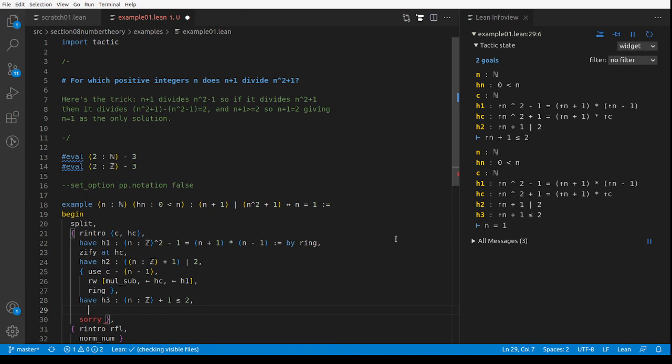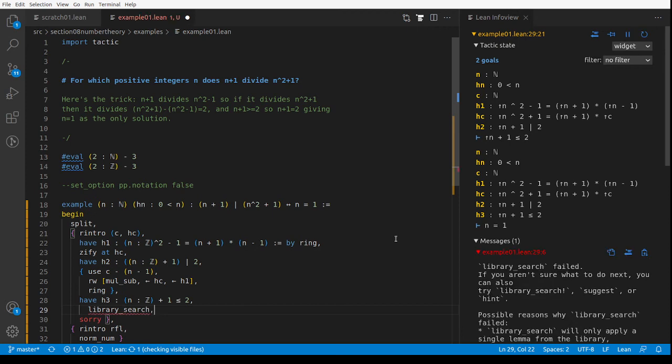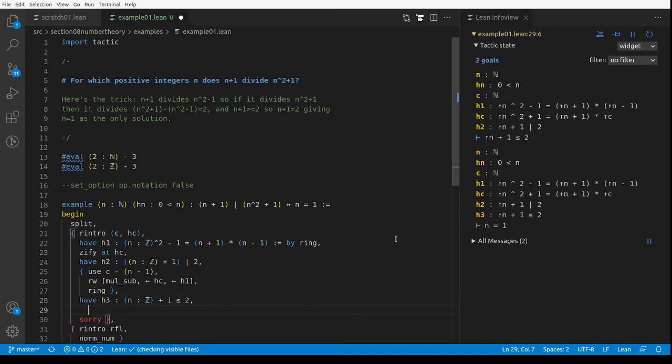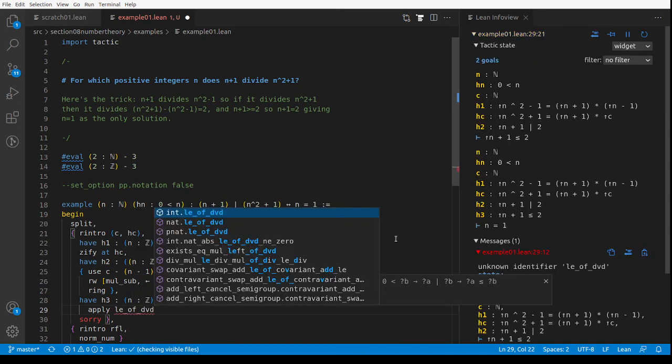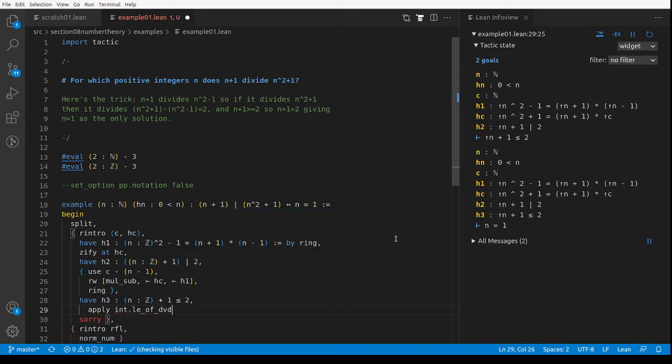I suspect library search isn't going to work because it's not going to know that 2 is positive or something. Yeah, library search fails, so we need to guess the answer to this. Apply. It's going to be LE of dvd or something. Have we got one of those? Int dot, it's the first thing. Int dot LE of dvd.